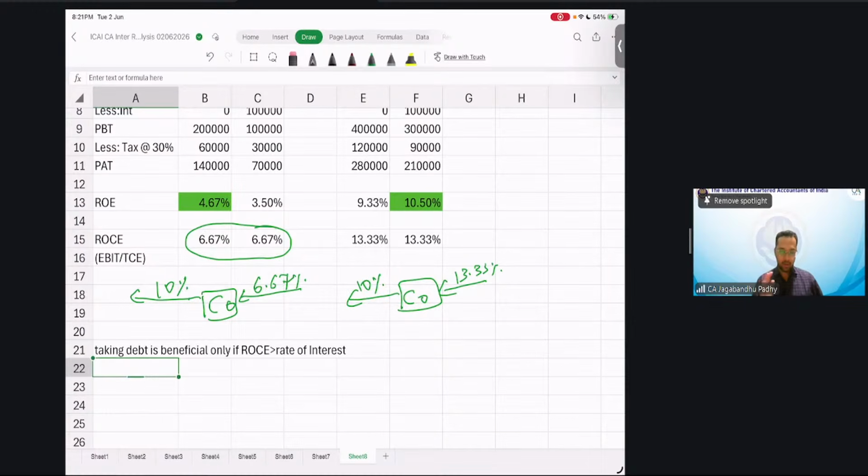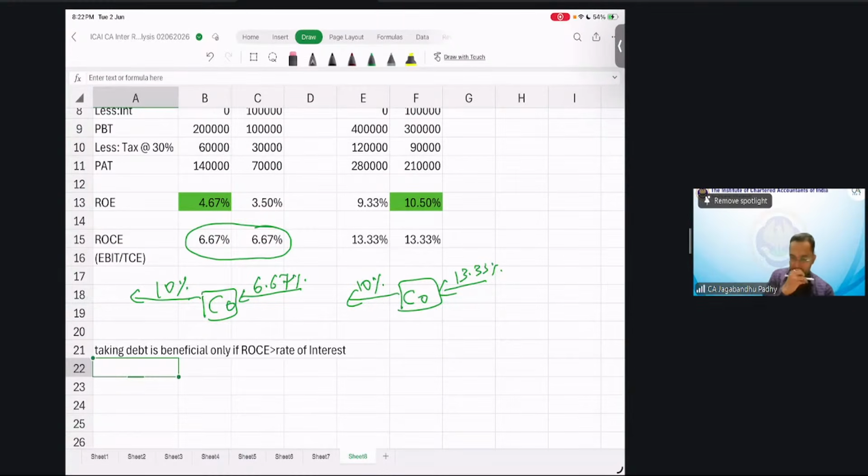It is quite obvious and simple logic that whatever rate of return you have promised to the debenture holders or to the lenders, to the funds you have raised as debt, you should earn at bare minimum that or more so that the equity shareholders are not at a loss.